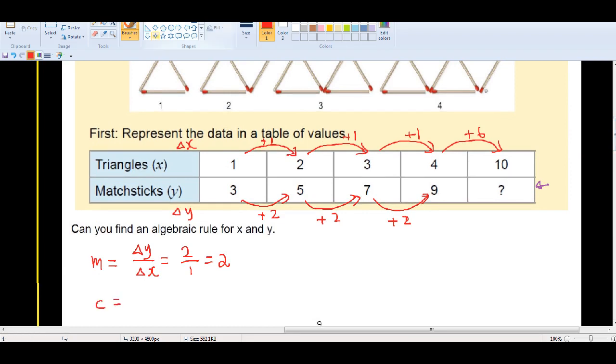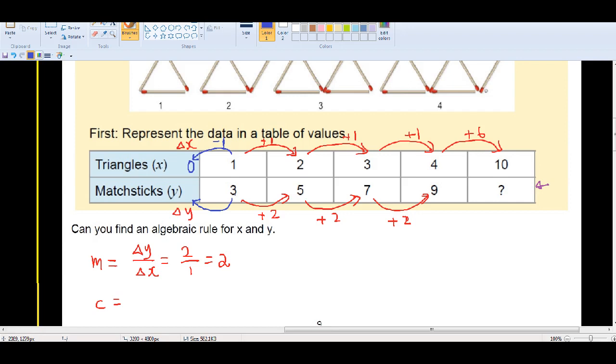Good. Then we are looking for the value of c. c will be the value when x equals 0. So let's put 0 here. From 1 to 0, we have to take 1 away from 1.